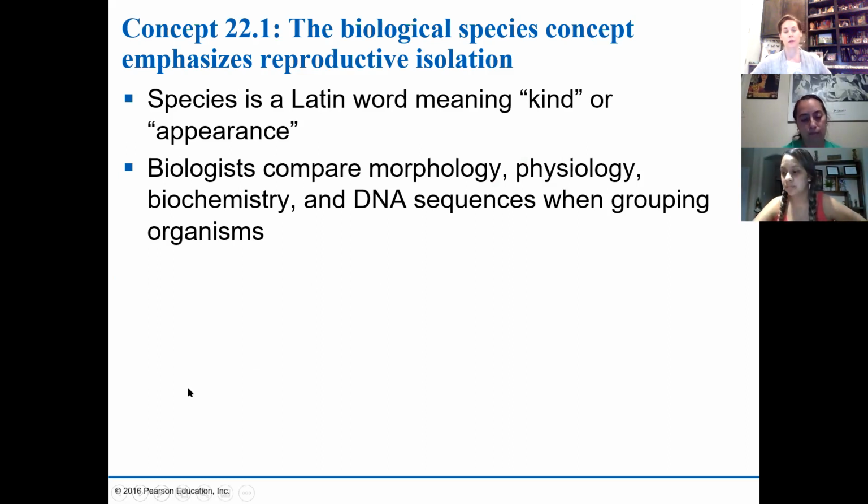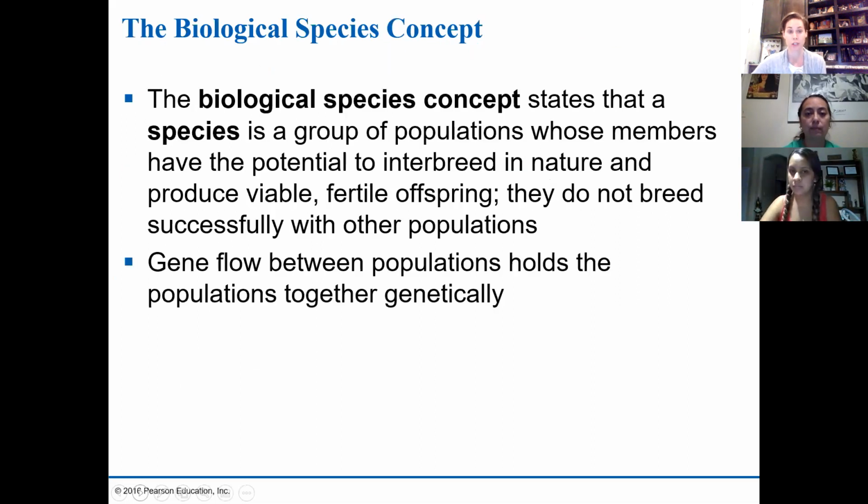The biological species concept is one way to explain how speciation occurs and how species are made. It says that to be a separate species, you must be a group or population whose members can interbreed with one another in nature.